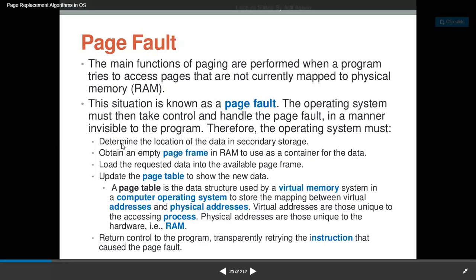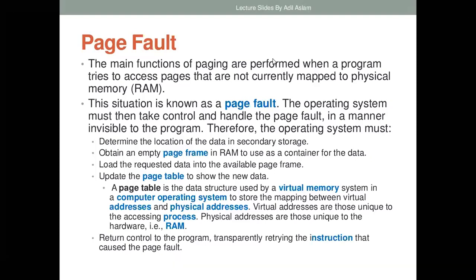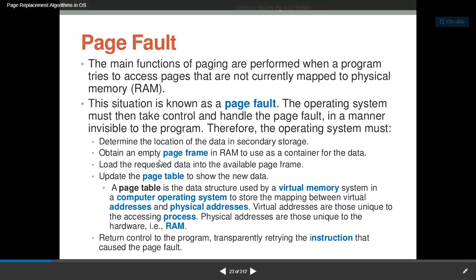The steps are that first the operating system must determine the location of the data in the secondary storage. Let's assume you have stored the data on your hard drive. If the data is missing, first the operating system has to locate the data, then obtain an empty page frame, because the data needs to be stored in RAM, to use as a container for the data. Third, it loads the requested data into the available page, and fourth, it updates the page table to show the new data.